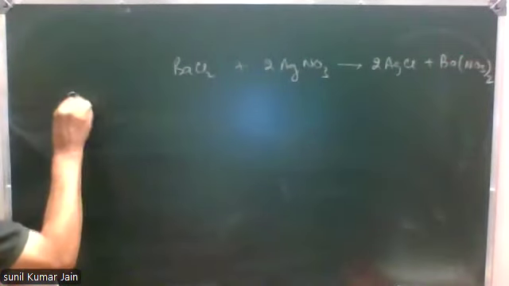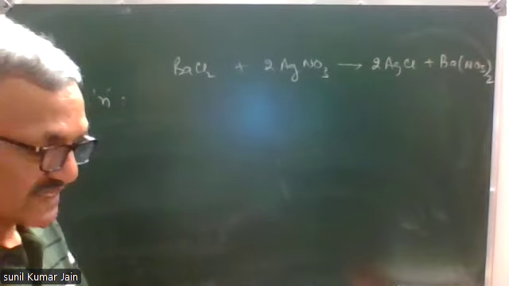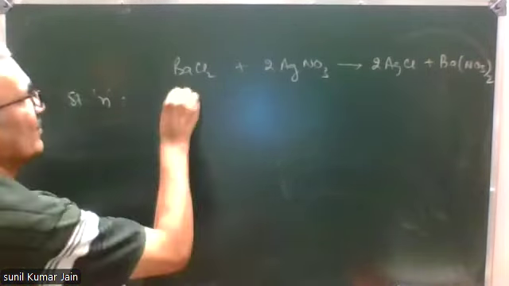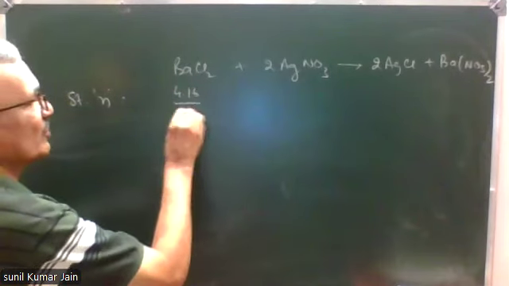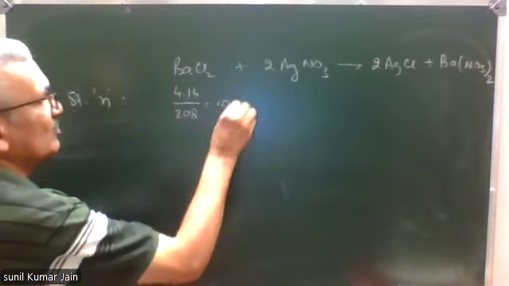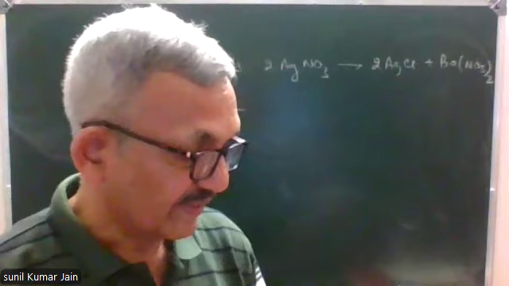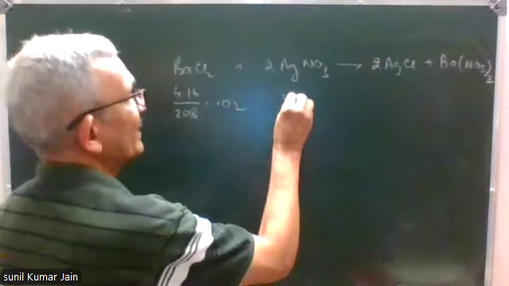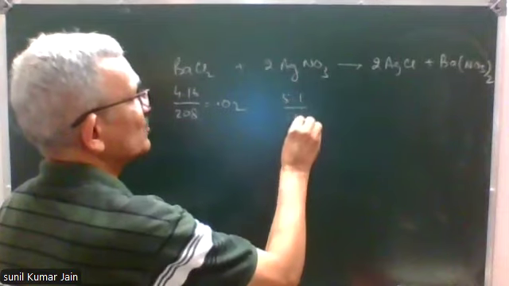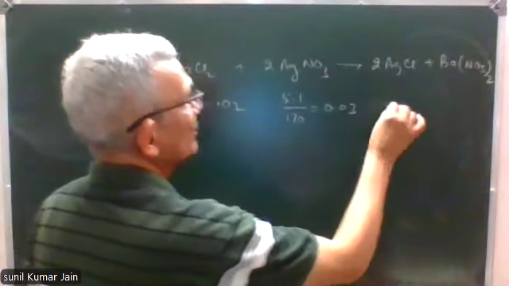Starting moles: 4.16 gram of barium chloride, 4.16 divided by molecular weight 208, this will come out to 0.02 mole. 5.1 gram of AgNO3, 5.1 divided by molecular weight 170, this will come out to 0.03 mole.